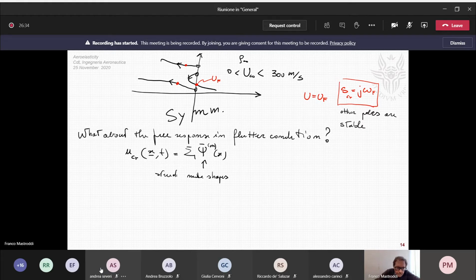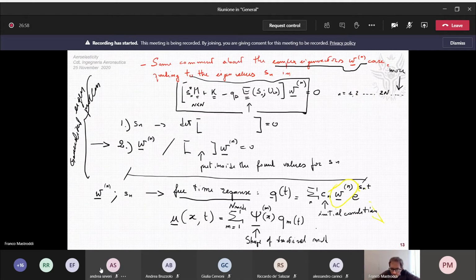and in critical situation like this, we have here q, the modal coordinates, critical. And what I mean by q critical as a function of time, with an index m. Q critical is exactly this q here when you are in marginal condition, where you have all poles stable but one marginally stable.